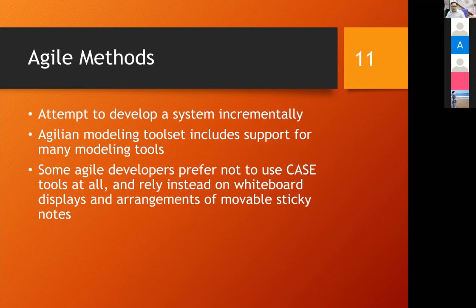The Agilian modeling toolset that we use in the agile method includes support for many modeling tools. Some agile developers prefer not to use CASE tools at all. So it depends. If you ask whether we can use agile and also use a CASE tool, yes, you may be able to, but some people do not prefer it.